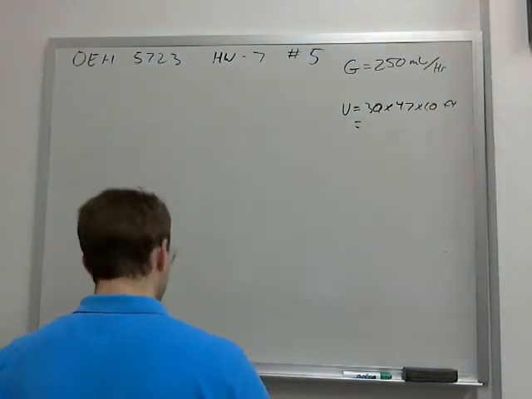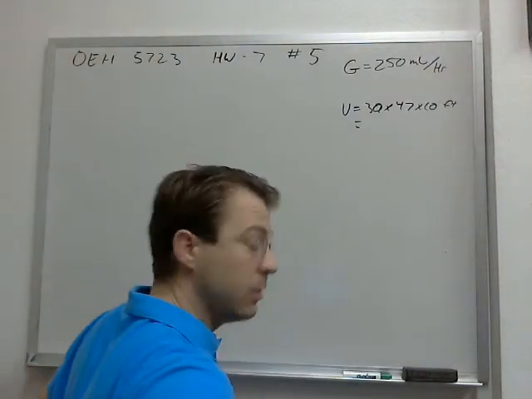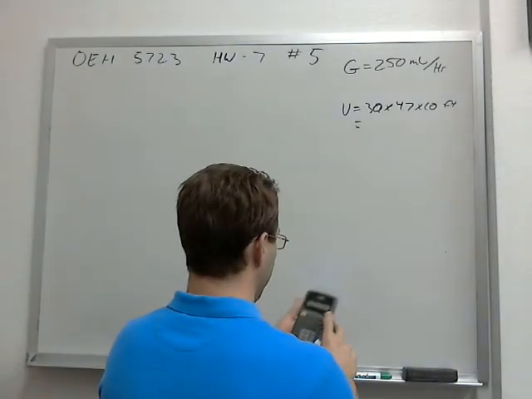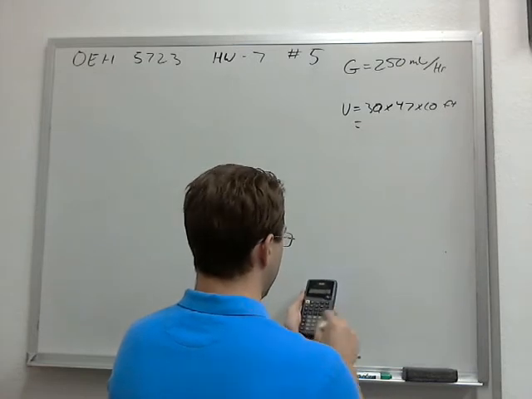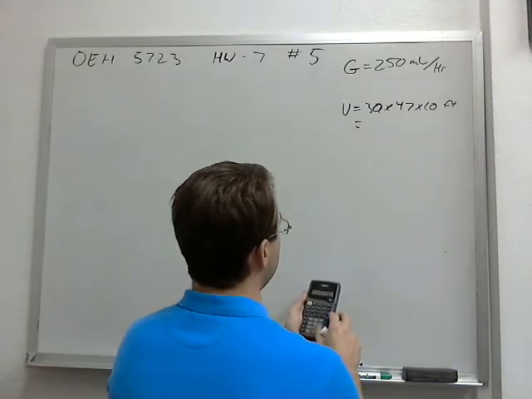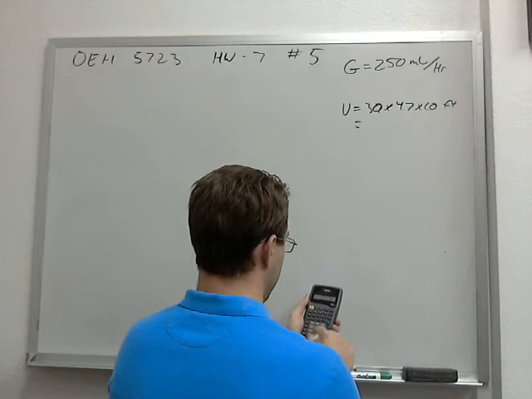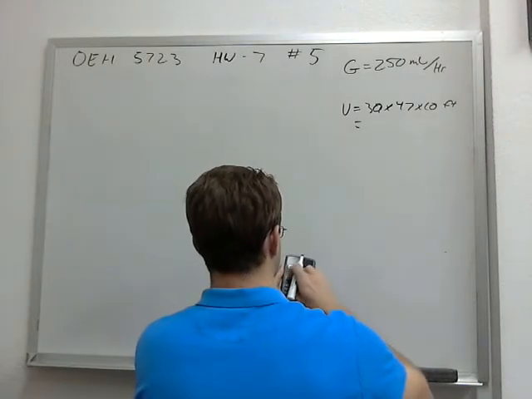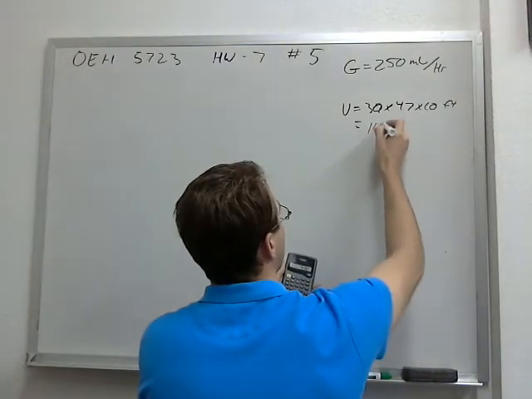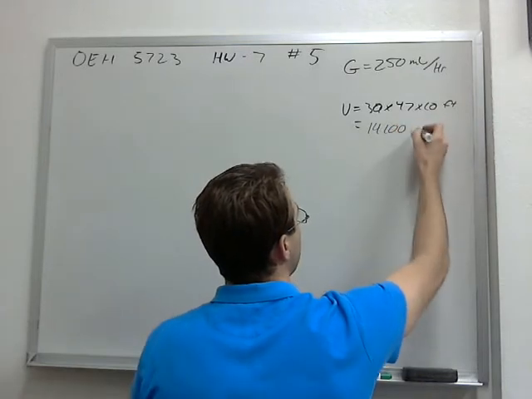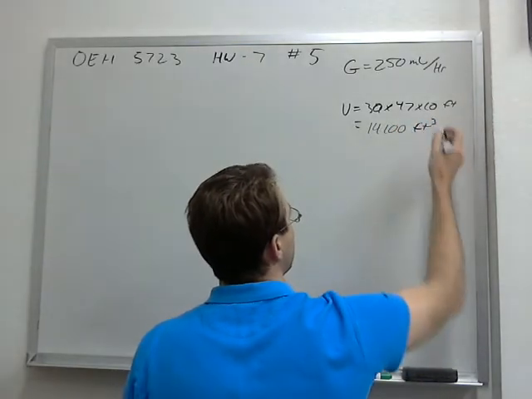So our room volume in cubic feet is 30 times 47 times 10. So that's 14,100 cubic feet.